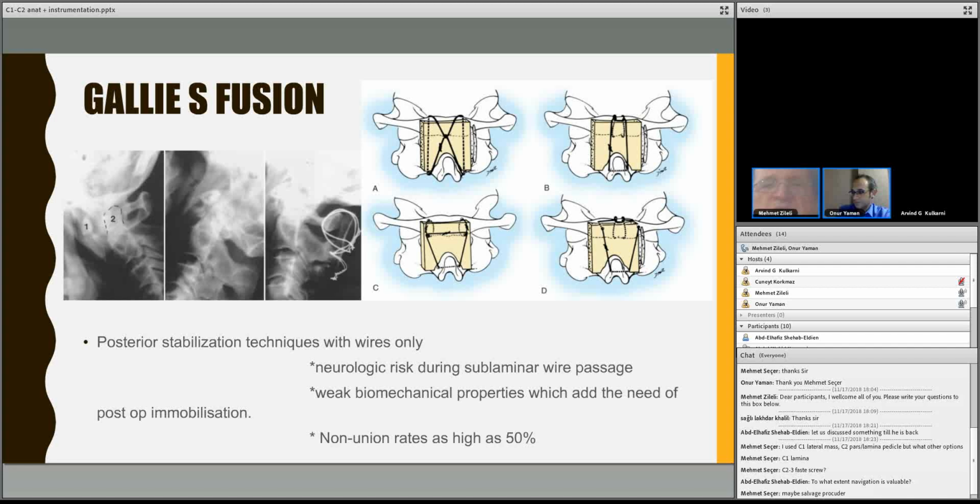Onur, what do you think about the navigation? If you have navigation, it's a good option. But if you don't have it, it's not a problem. You can do it. As Arvind has mentioned, you have to get a CT angiogram before the surgery. If you have the CT angiogram, it's possible to do it without navigation. But if you have navigation, it's a good option.